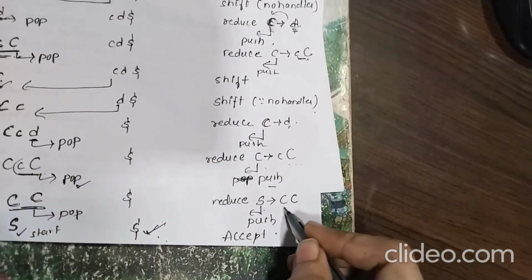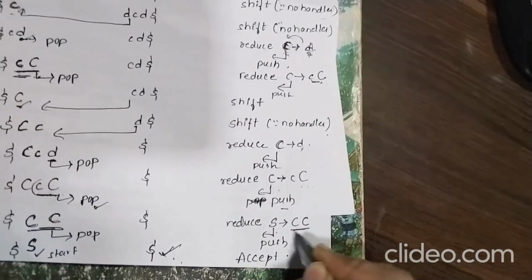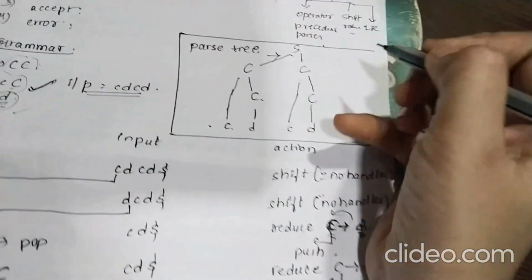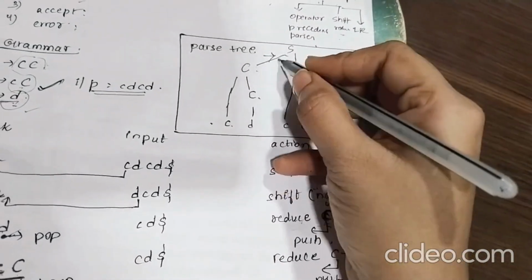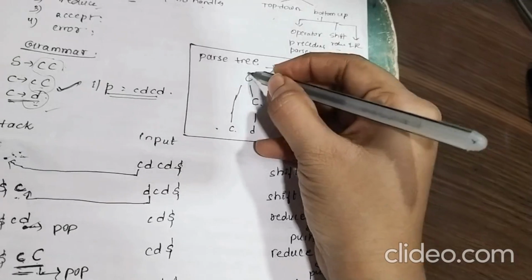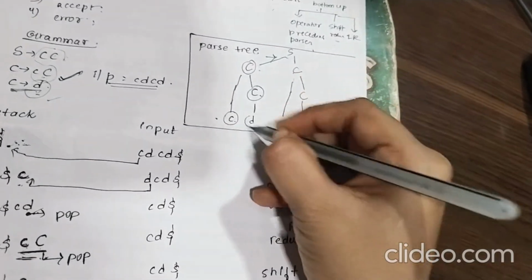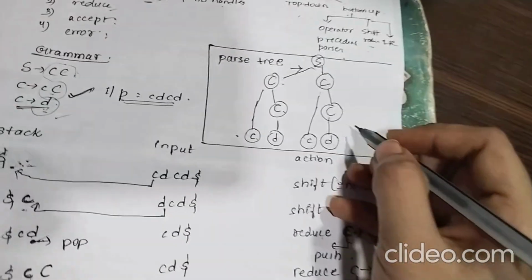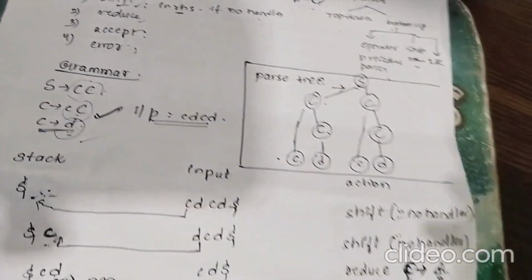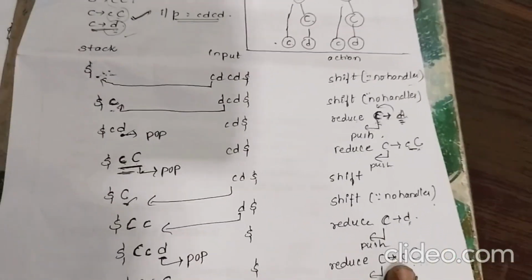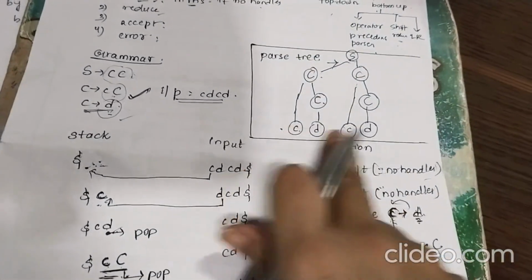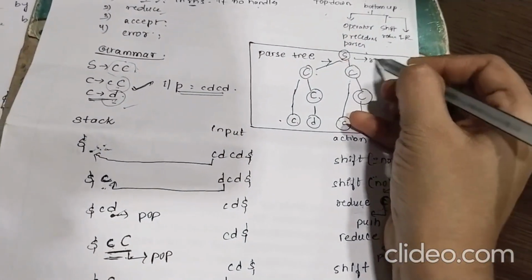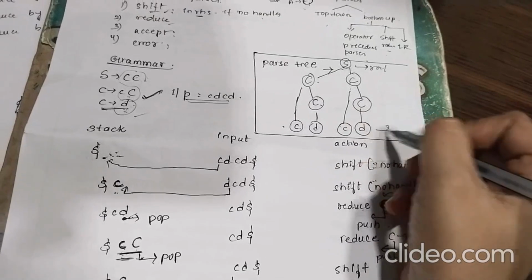Next, in place of capital C you can write S. You can write as capital C S. So this is the tree. This is the process of tree construction. By taking the reduce actions you can construct this tree from the leaf nodes to the root node. So this is the start symbol, right? This is root and these are the leaf nodes.